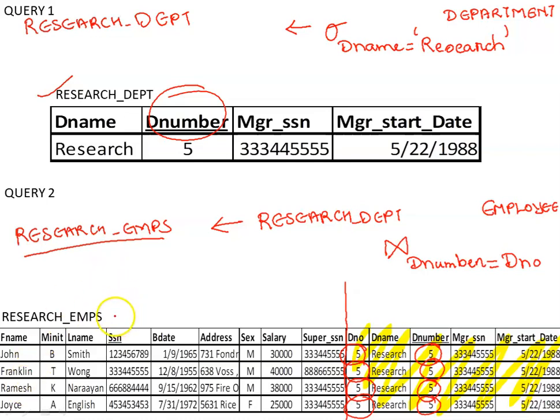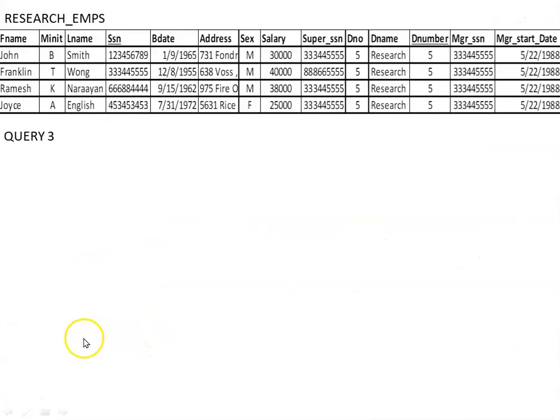As of now, I have already got the data that is required. Now my job is to filter out the unnecessary information. So on this research EMPS table, I'll apply the project operation. That will be the final step in this case.